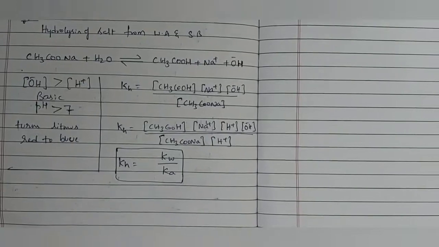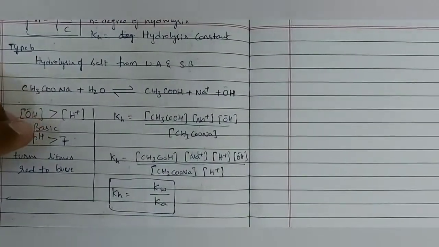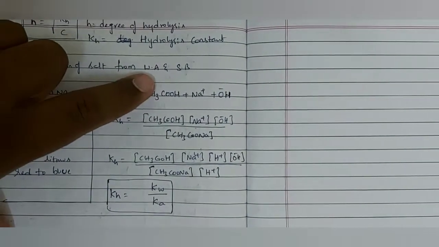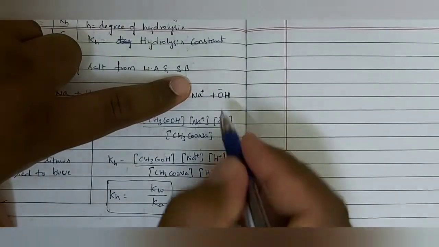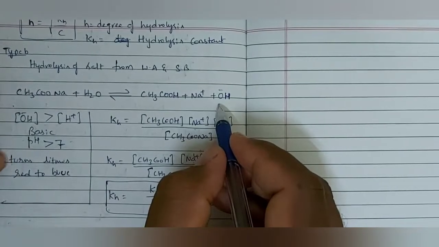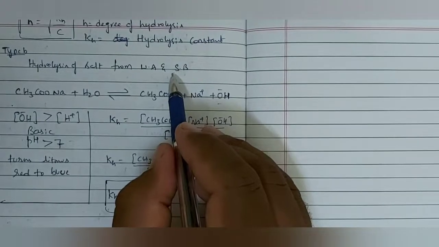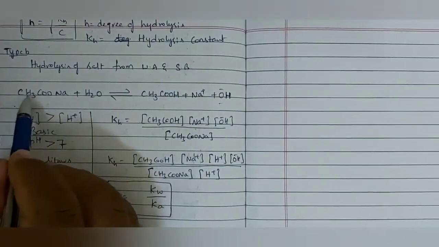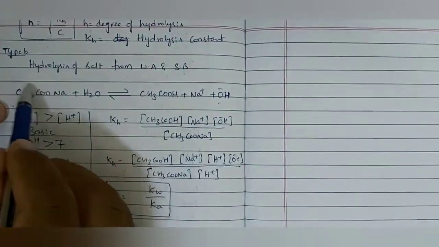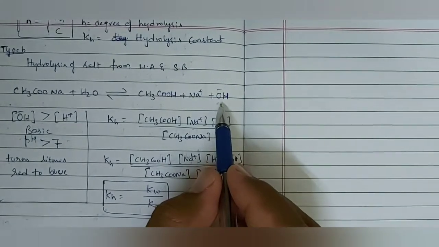Observe this carefully. Resultant of salt which is obtained from a weak acid and strong base is basic in nature. The solution obtained from hydrolysis of a weak acid and strong base salt, that means CH3COONa, if this undergoes hydrolysis, we are getting a resultant solution basic in nature.